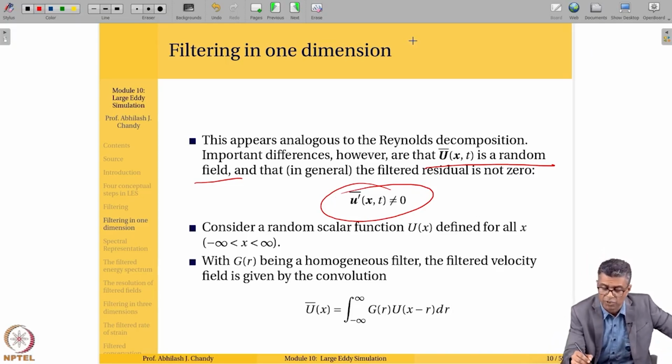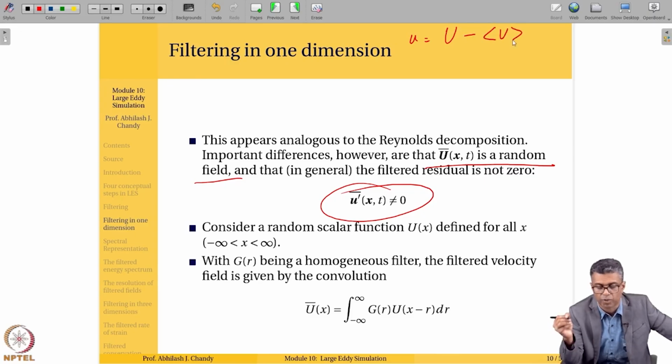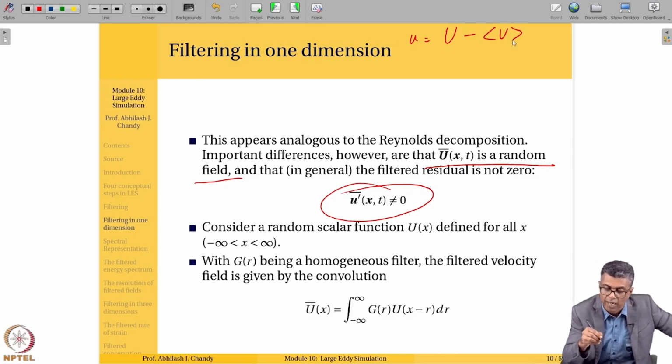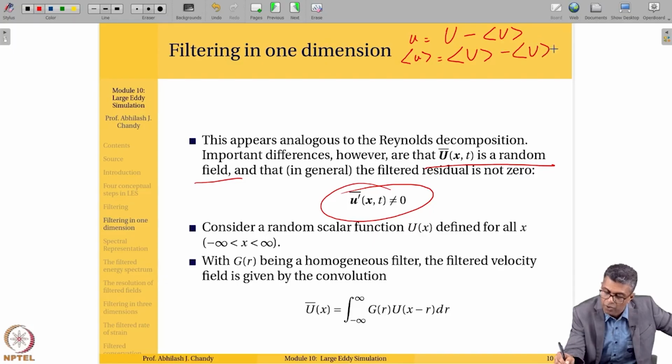If I do a Reynolds decomposition, what do I do? I take u prime is equal to U minus U mean. This is what it was, isn't it? Now when I take a time average of this equation, the average of u prime is U average minus U average, which is 0.